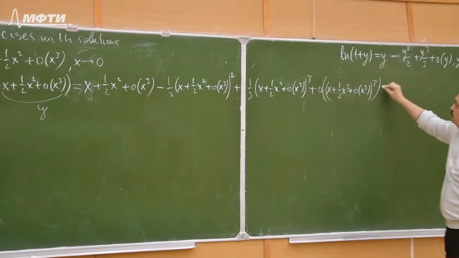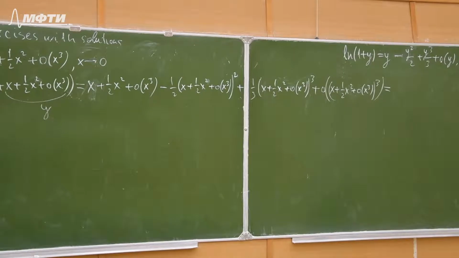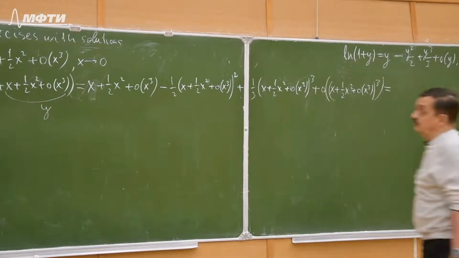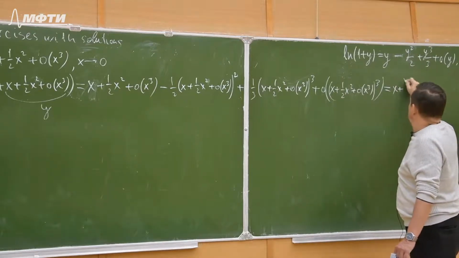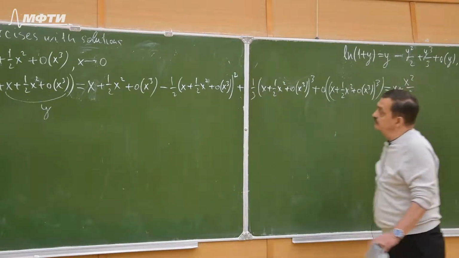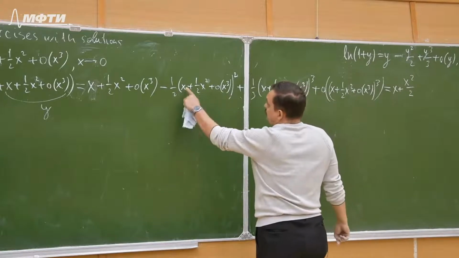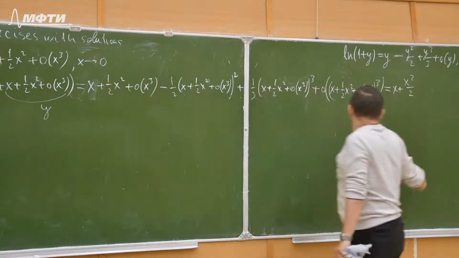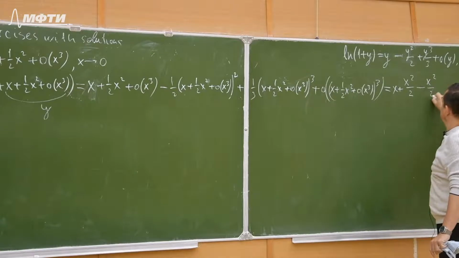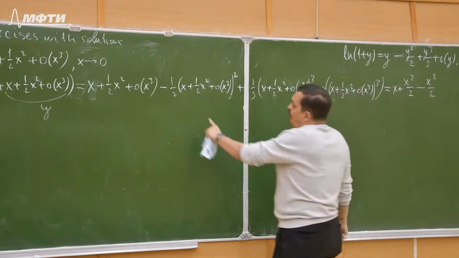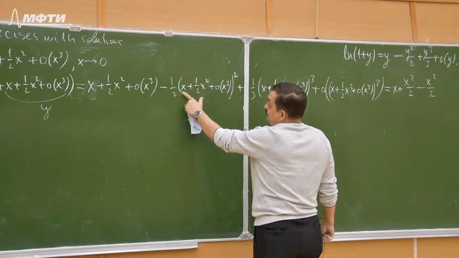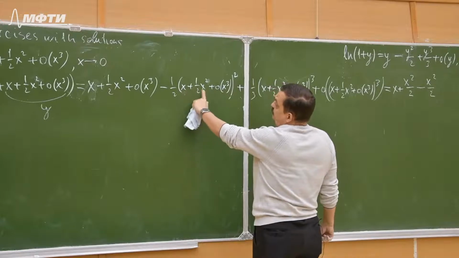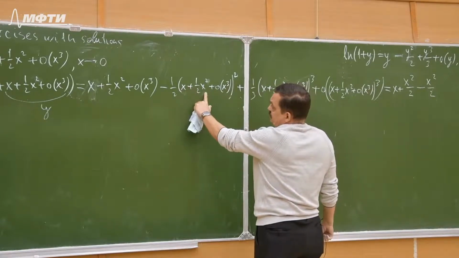And now let's compute what it is. So we have x plus x squared over 2, then taking the square here. The square of the first gives minus x squared over 2. Then we also need to take into account the double product. What is the double product here? Just x cubed.